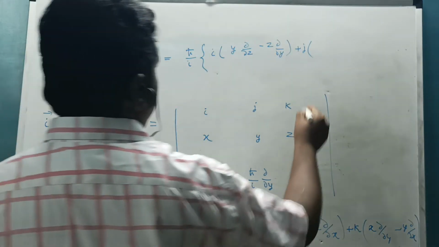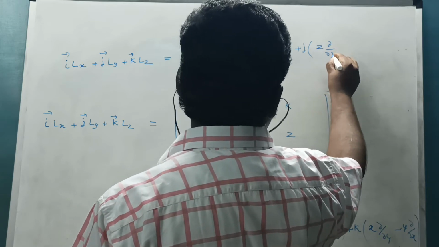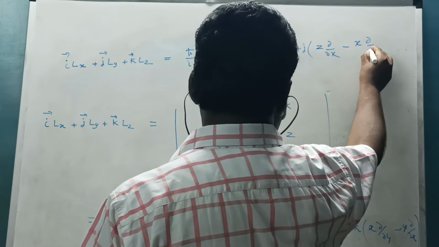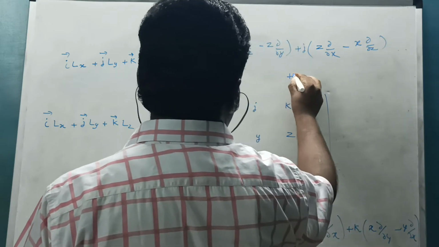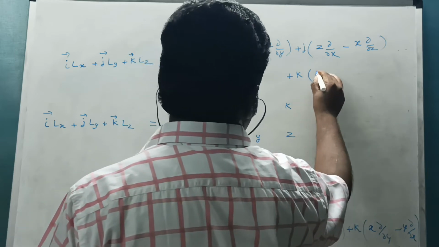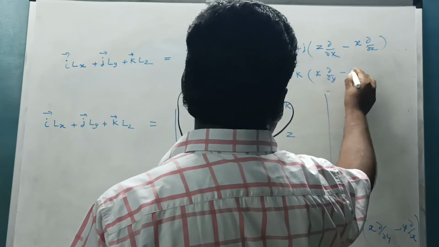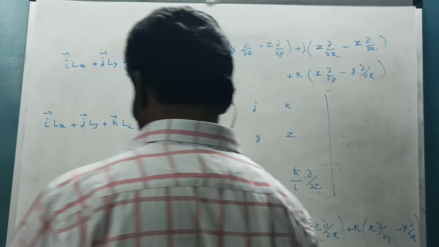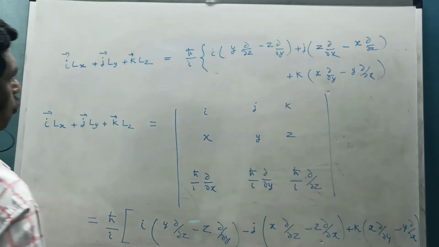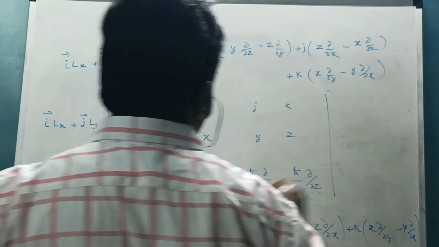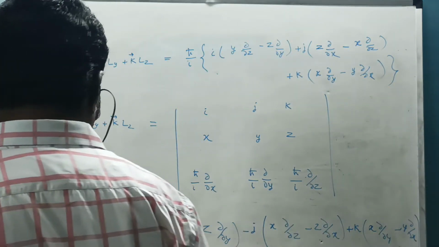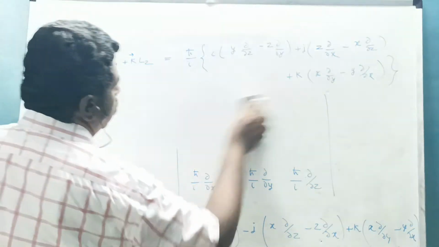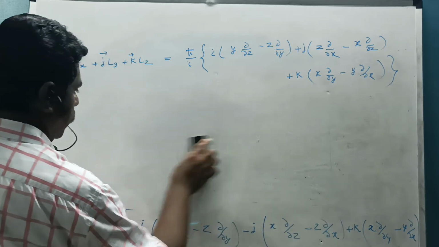If I bring this z ∂/∂x as a first term, z ∂/∂x minus x ∂/∂z, plus k into the last term, x ∂/∂y minus y ∂/∂x. Now compare the coefficients of i, j, k on both sides. If I compare the coefficients of i, j, k, we can get the values of Lx, Ly and Lz.